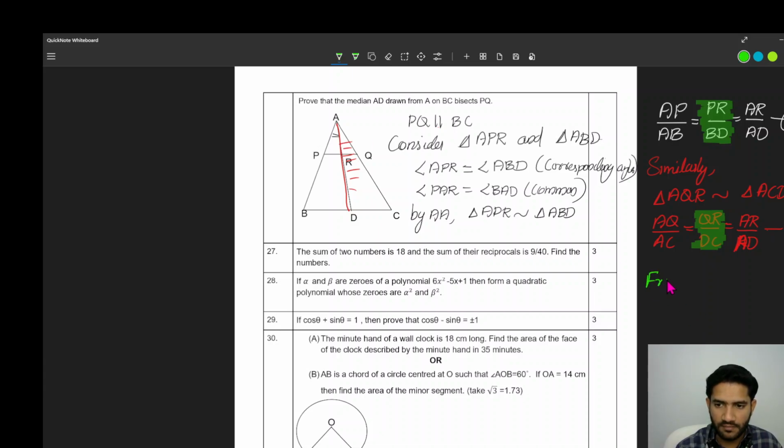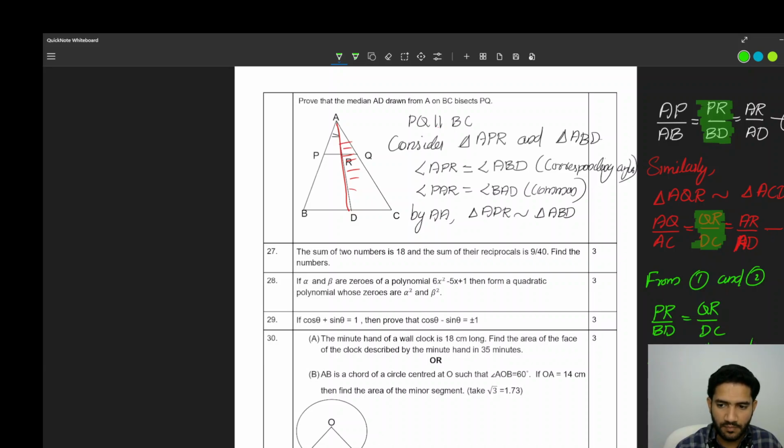So from 1 and 2 we have PR by BD equal to QR by DC. So what is BD and DC? AD is the median. It is given AD is the median.